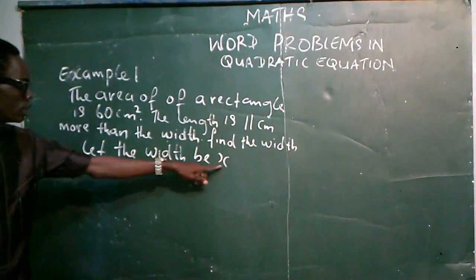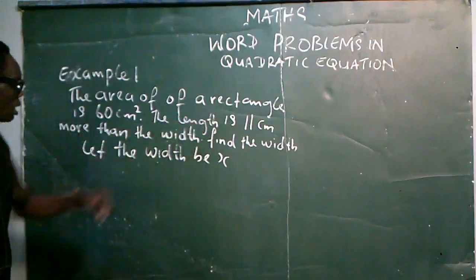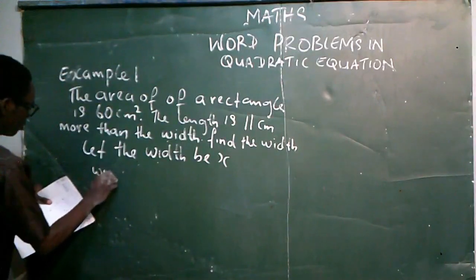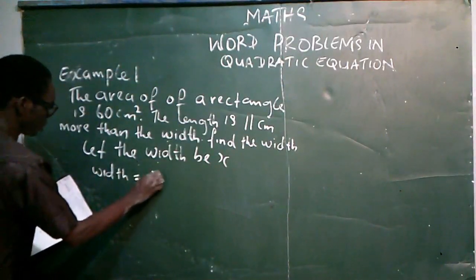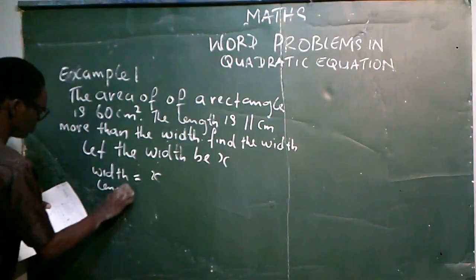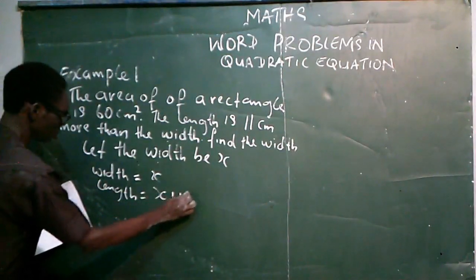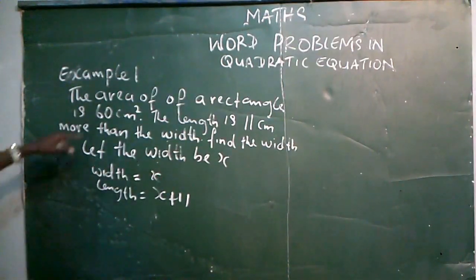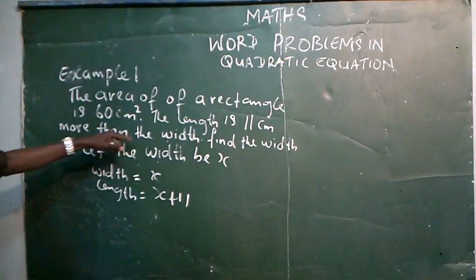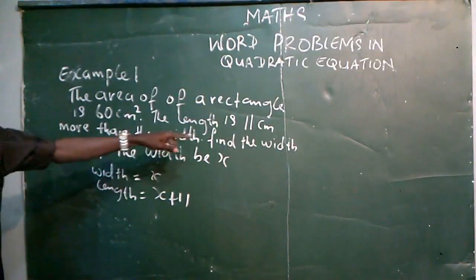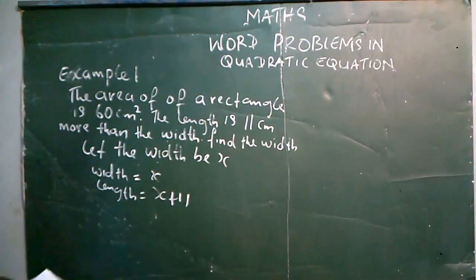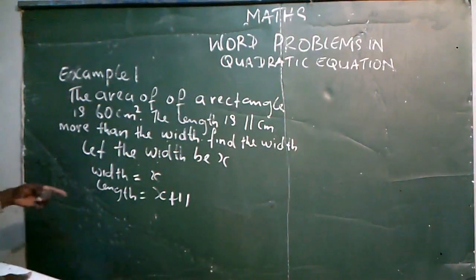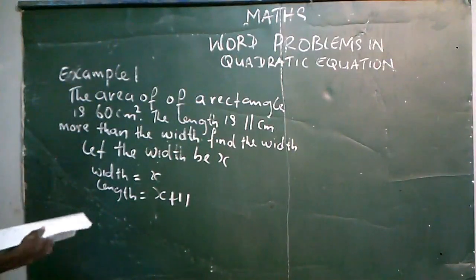Now if the width is x and the length is 11 centimeters more than the width, then the length will be x plus 11. However, the area of the rectangle is 60 centimeters square.